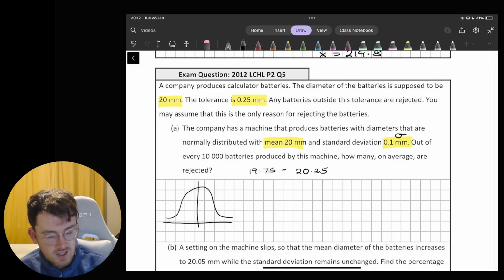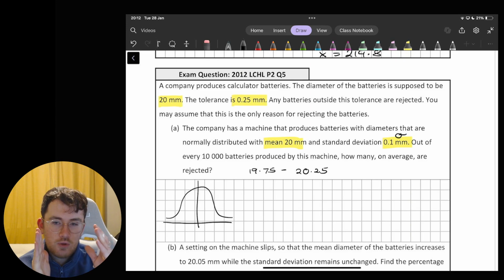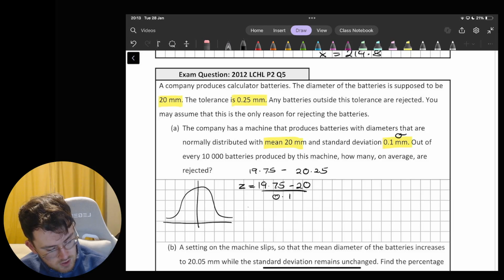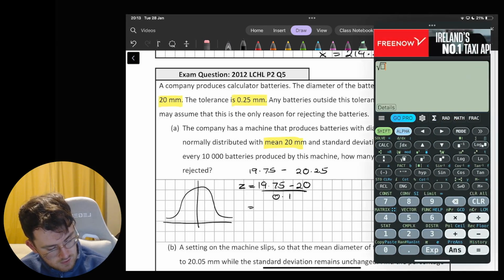depending on where the z-scores are going to land, we're going to be looking at a portion between two particular values. So we'll lay out our z-scores here and work out both of them. So 19.75 minus 20 over standard deviation 0.1 gives me an answer of minus 2.5.